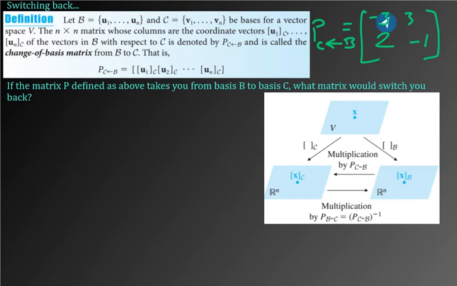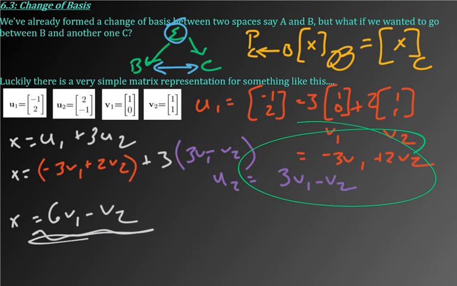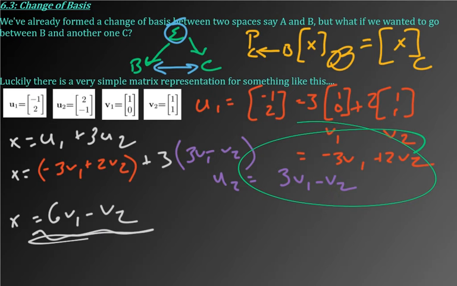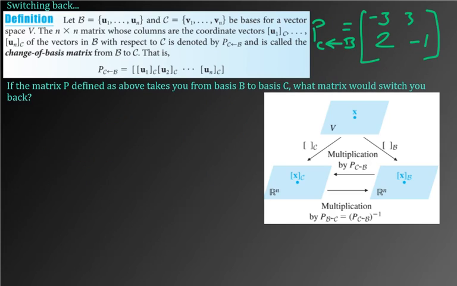So this is just u1 written in terms of the basis C, and u2 written in terms of basis C. And I promise you, if you multiply this by the vector x written in terms of B, which is this guy right here, (1, 3), you're going to get (6, -1). It's going to happen, because it's just the matrix summarization of what we just did here.